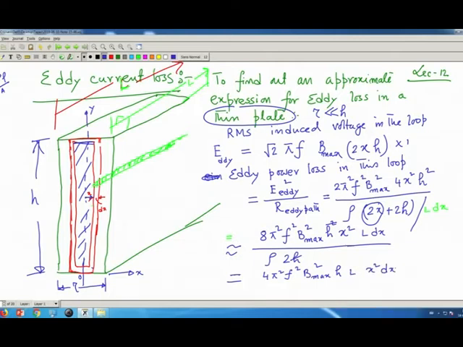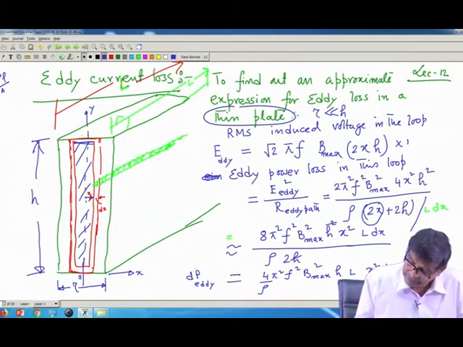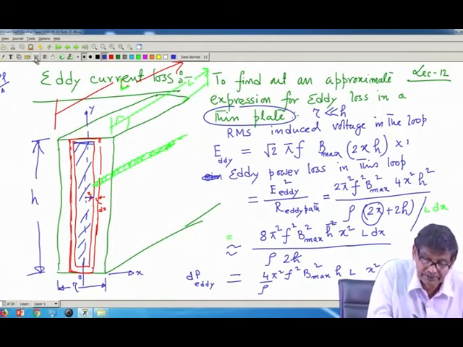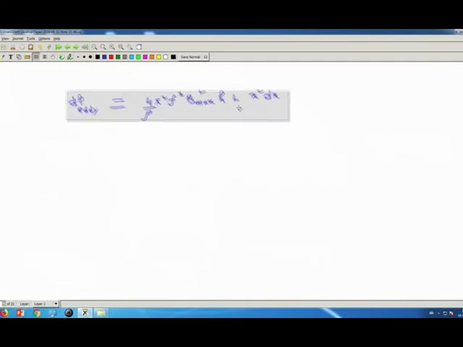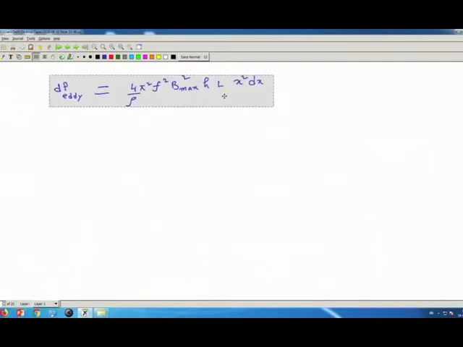It is now a manageable expression, divided by rho, of course. So, this will be this loss. I will say this is dP eddy on this elementary loop. And this portion I will just copy it and carry on. So, we got from the previous slide, this is the thing.